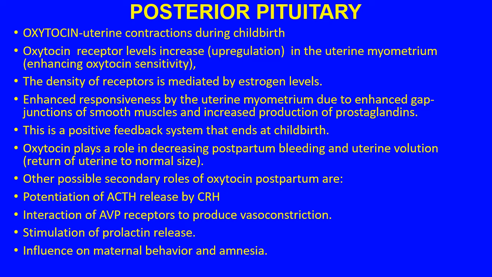So in other words, as we've been getting more responsive to oxytocin, the cell-to-cell communication in smooth muscles in the myometrium are going to be coordinated and thereby enhanced by having this connection, the gap junctions between the cells. Also, you're increasing the production of prostaglandins. Now, of course, this is all part of a positive feedback mechanism, and the way that it ends is by childbirth.